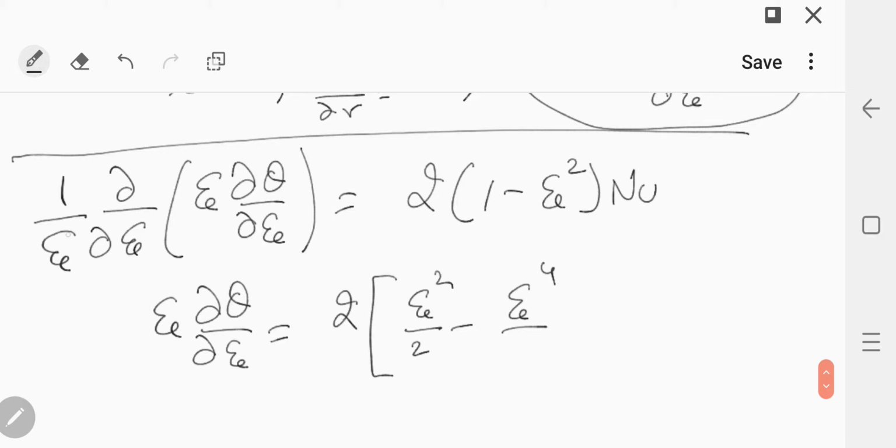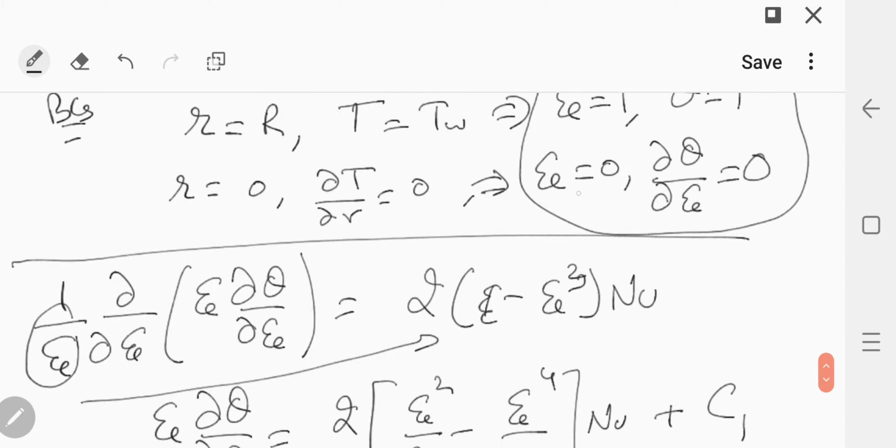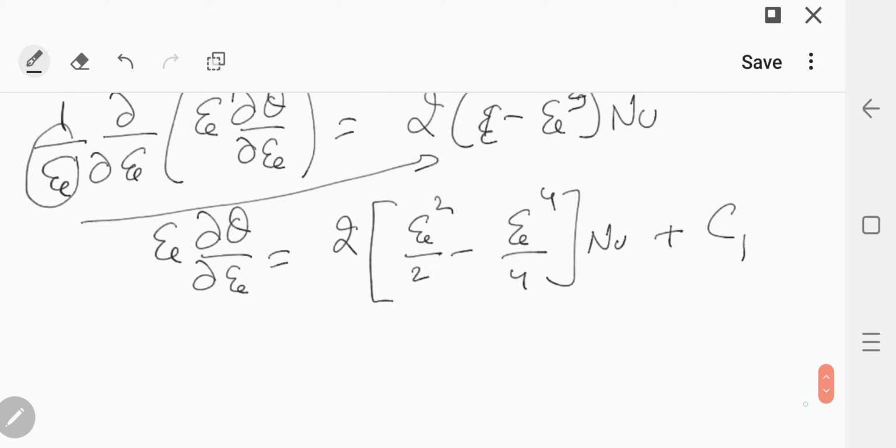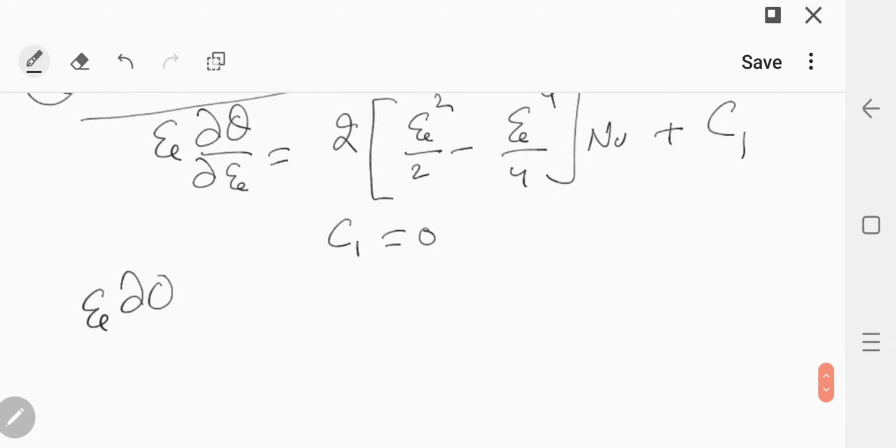So shifted this zeta over here, this will become zeta and zeta cube, and then upon integrating, I'm writing that expression plus c1. Now using second boundary condition, that at zeta equal to 0 del theta by del zeta is 0, which will lead to C1 as 0.